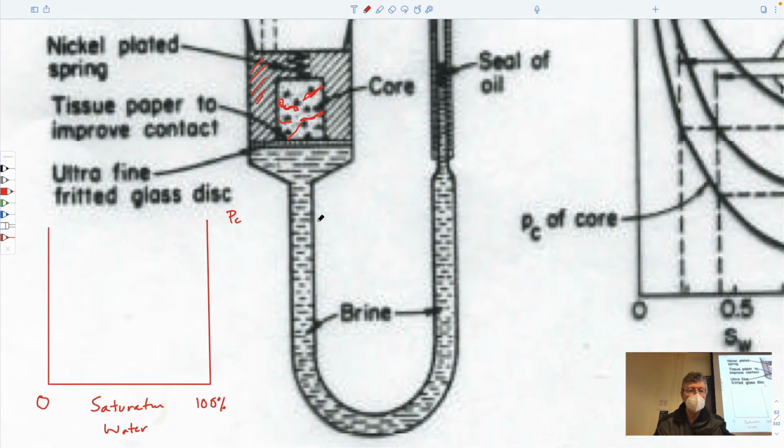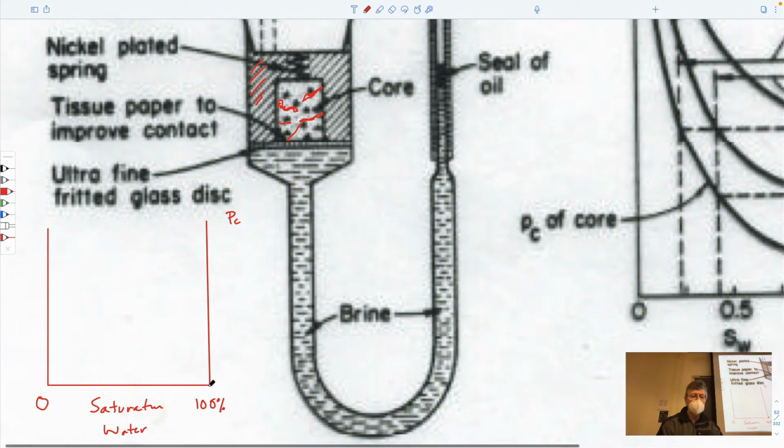And so you start off with no pressure, and you'd be 100% water saturated. You'd increase the pressure a little bit, and the pressure would not be large enough to be able to get stuff to go into your sample. And so you'd increase the pressure up to some amount, and it'd still be 100% water saturated. Increase it some more, still nothing happens.